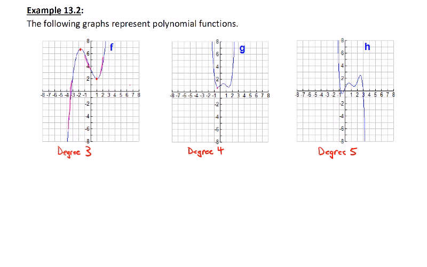We have 1, 2, 3 vertices, and we end up with 1, 2, 3, 4 behaviors. On the degree 5, we have 1, 2, 3, 4 vertices with 1, 2, 3, 4, 5 different behaviors there.